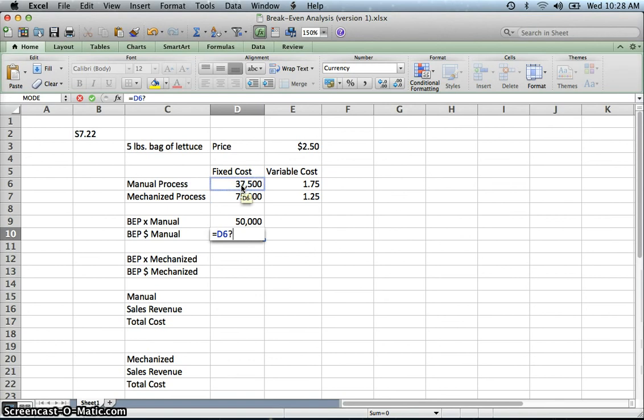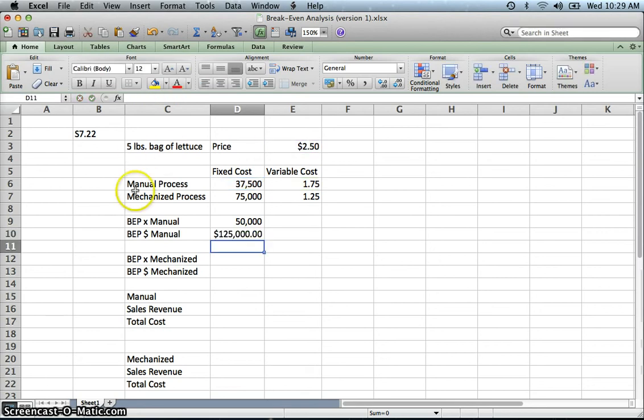We're going to divide it by 1 minus this ratio, and the ratio is the variable cost divided by the price. So whatever that ratio is, we're going to subtract that from 1 and then divide that into our fixed cost, and that will tell us the dollar amount at break even.